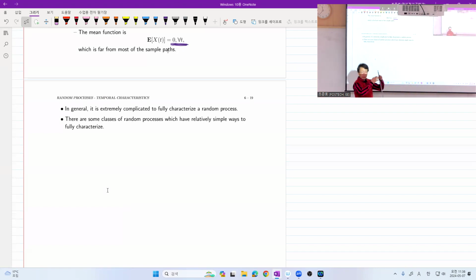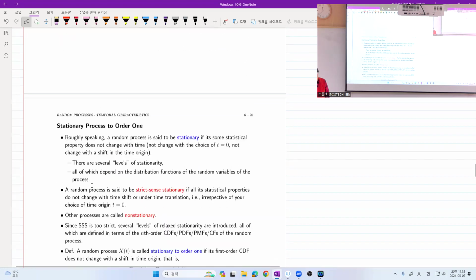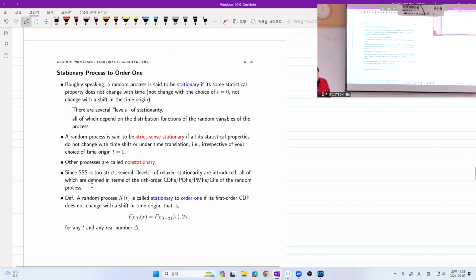No. As I told you in the beginning, there is a very small, very special class of random processes called stationary random processes. Even though this subset is very small, in many engineering problems, engineering science, finance, signal processing, it's very useful to model a random process as a stationary random process.